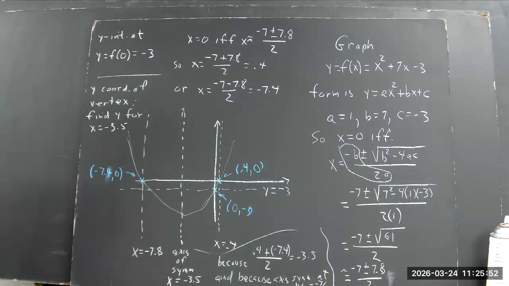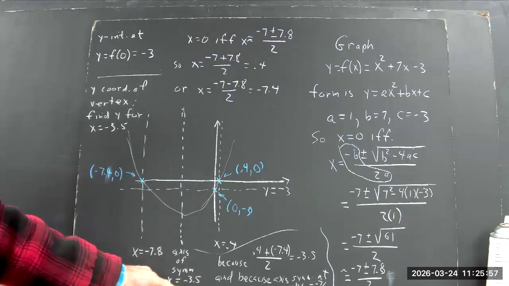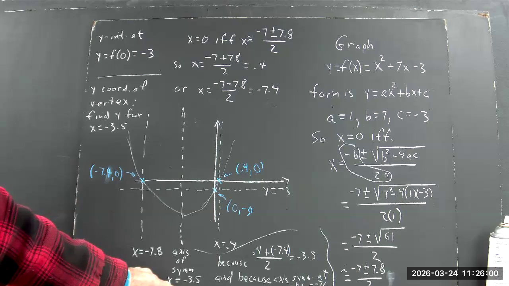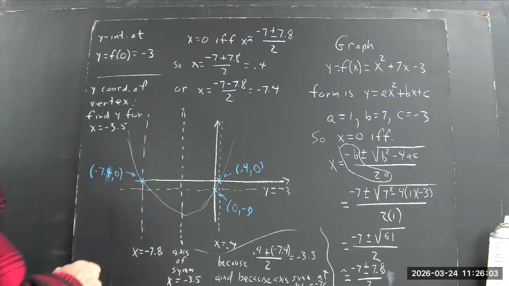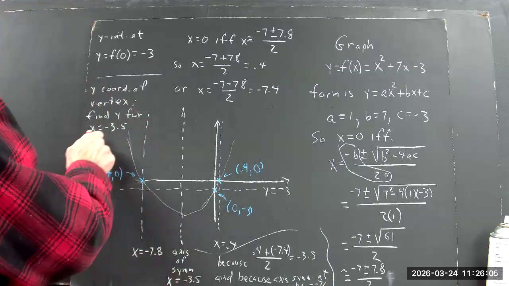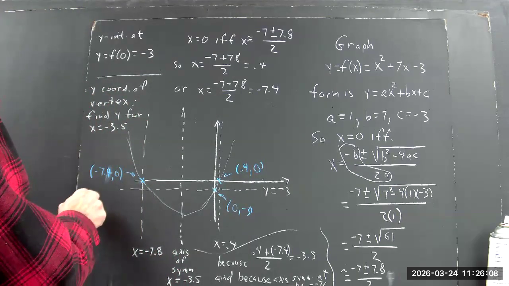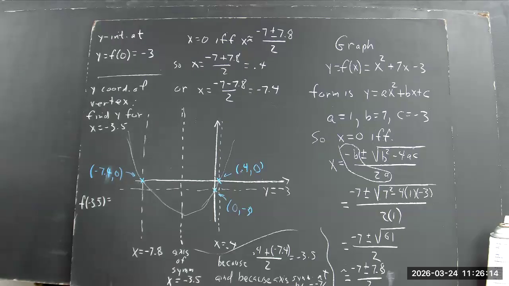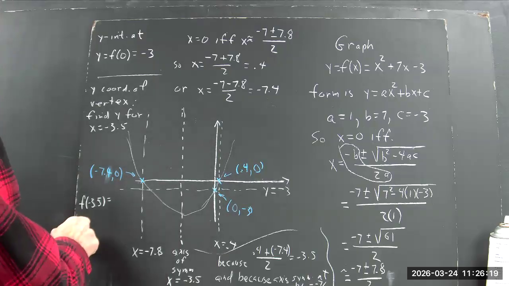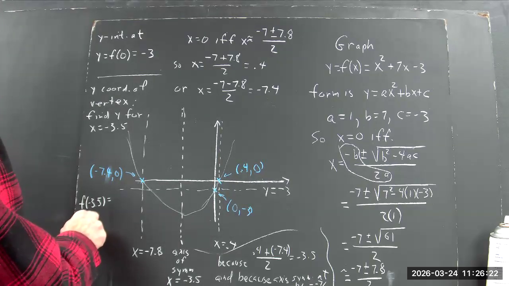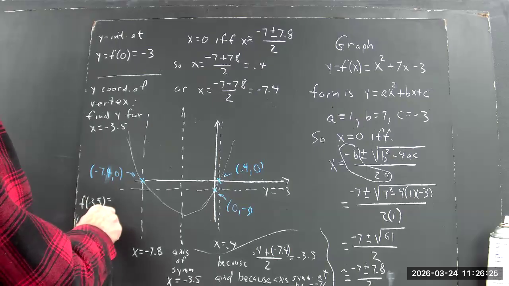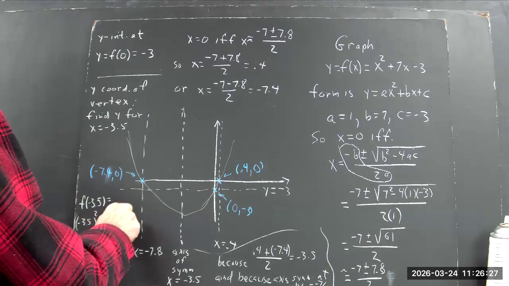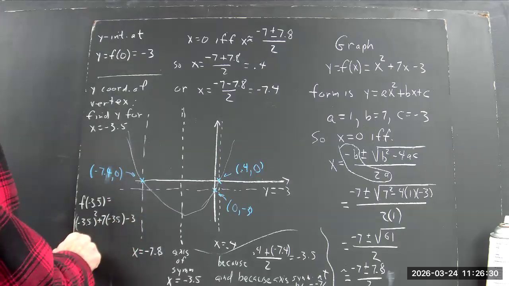you want to find y for x equals negative 3.5, because the vertex lies on the line x equals negative 3.5. Okay? Well, f of negative 3.5 is negative 3.5 squared plus 7 times negative 3.5 minus 3.